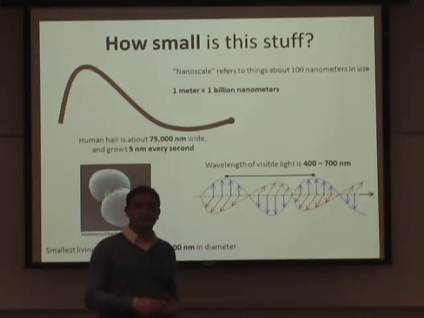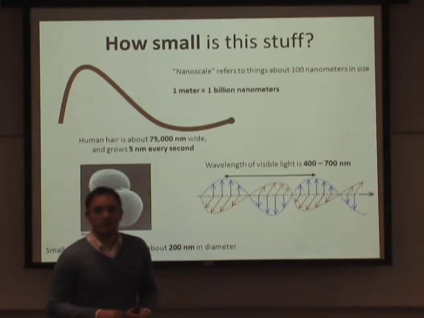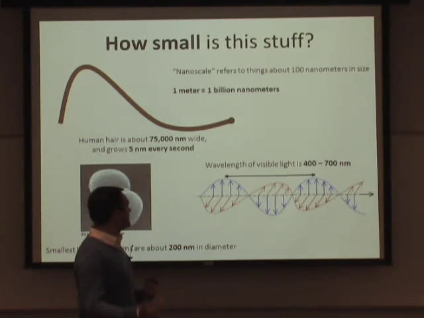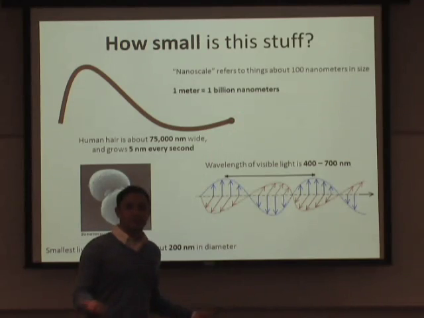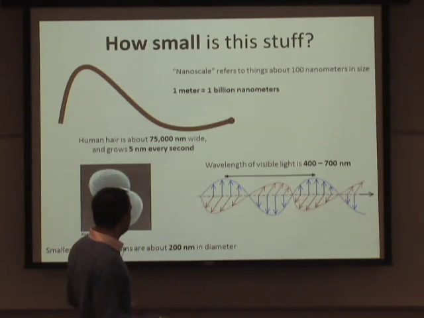So when I talk about nanotechnology, how small is it? What is a nanometer? How big do you think that is? Just for comparison, in 1 meter, or about 3 feet, there's 1 billion nanometers. For reference, a human hair at the tip is about 75,000 nanometers wide, and in just 1 second, the hair grows 5 nanometers.